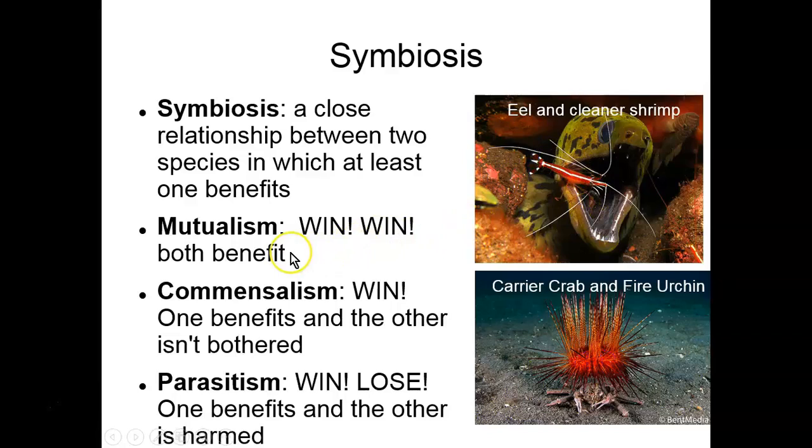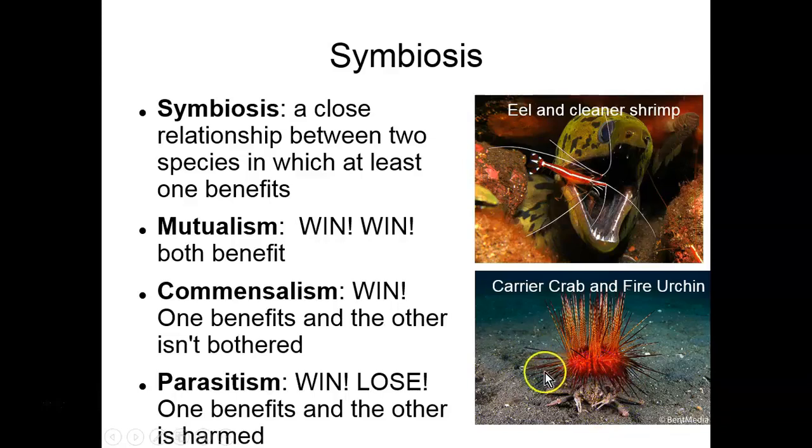Another type of symbiotic relationship, commensalism, is a relationship in which one wins and the other one isn't bothered. So, for example, something that exists in coral reefs is carrier crabs and fire urchins. Carrier crabs are crabs that have a specialized appendage towards the back of their body that acts as a hook so that the crab can essentially take things and put them on its back.